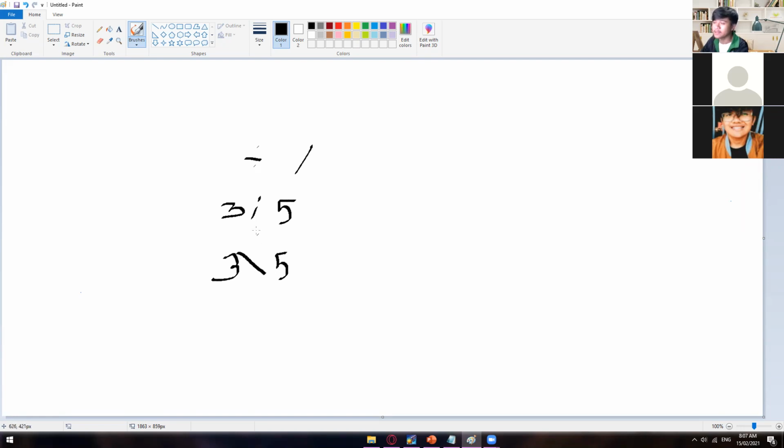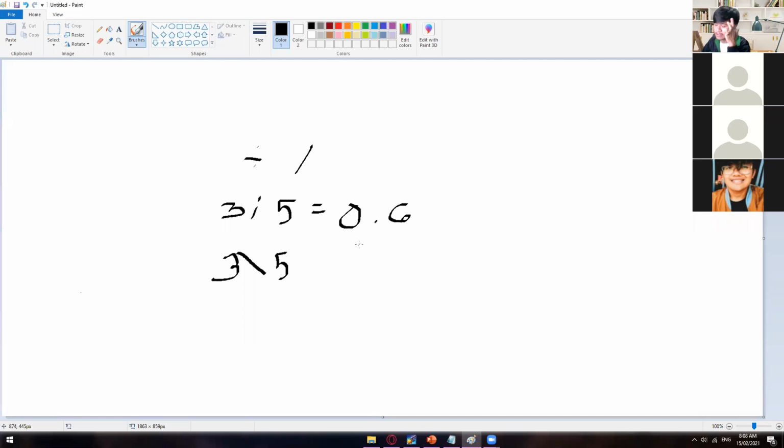If you do 3 divided by 5, of course, you will get, let me get my calculator, exactly 0.6. But if you do 3 mod 5, you will get 3.